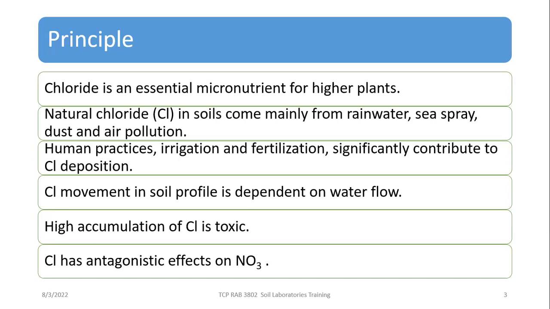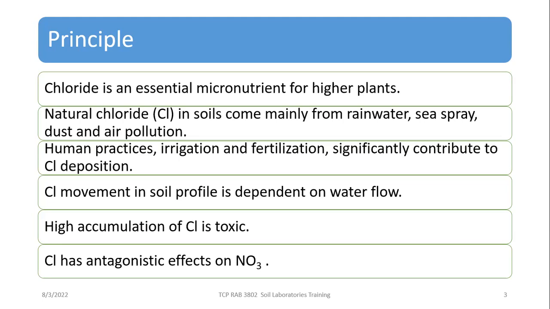Chloride, or chlorine, the inert form of it, comes to the soil mainly from rainwater, sea spray, dust and air pollution. All of these are sources of natural chloride in the soil. In addition, human practices, including irrigation and fertilization, contribute very significantly to chloride deposition in the soil.